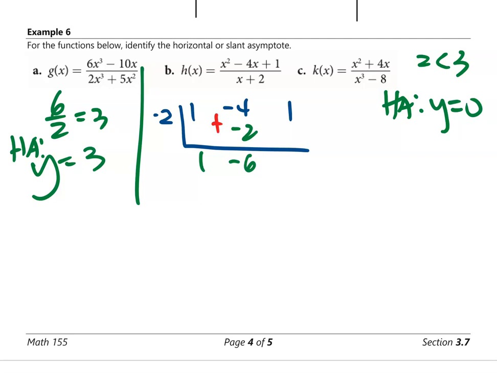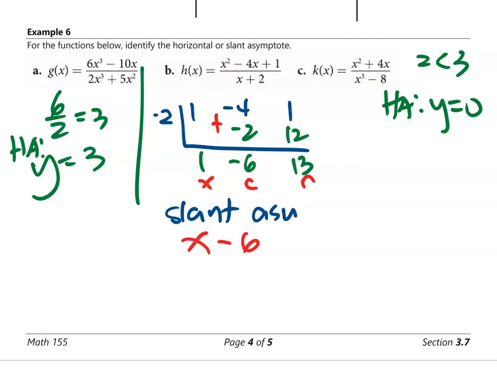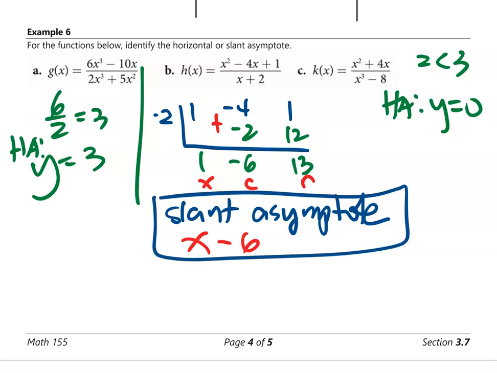Negative 6 times negative 2 is positive 12. If you add, this is 13. So you know that this is the remainder, the constant, and x. So this is x minus 6. So this is your slant asymptote. You have to disregard the remainder.